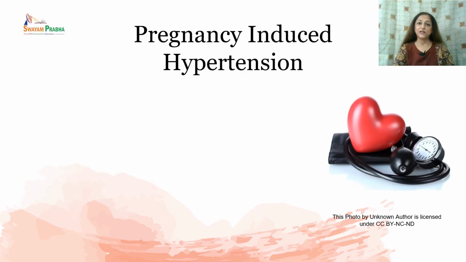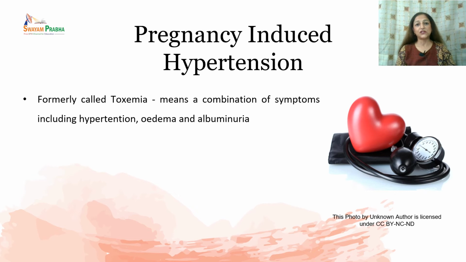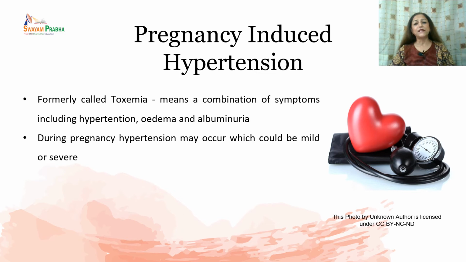Pregnancy-induced hypertension is another important condition which needs special focus. Formerly called toxemia, the term toxemia meant a combination of symptoms including hypertension, edema, and albuminuria. Albuminuria is presence of protein in the urine. During pregnancy, hypertension may occur, which could be mild or severe.